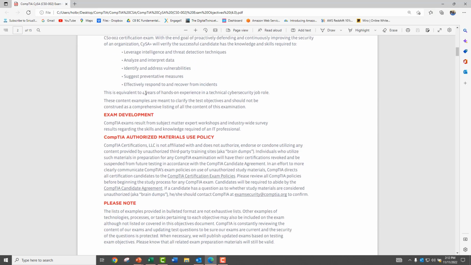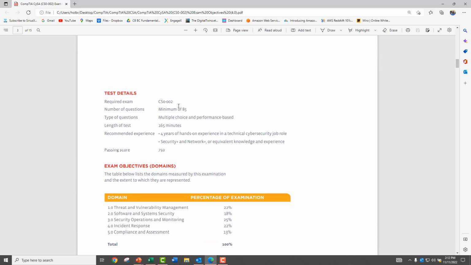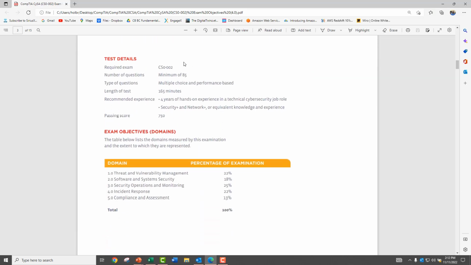As far as the exam itself, I'd encourage you to read all this before you take the exam, but be aware that the exam is going to have these domains. We're going to cover these domains shortly in more detail. You get 165 minutes to take it. When I took the exam, I think it was like 92 questions or something like that.